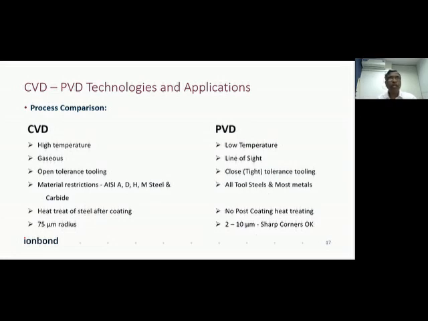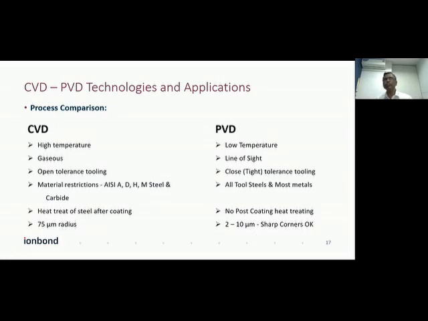CVD coating thicknesses are very high. So open tolerance tooling like inserts and roughing inserts are coated with the CVD process. Whereas for close tolerances, where 1 or 2 micron precision is required, those are well suited only to PVD, not CVD. There are also material restrictions due to the temperatures, and heat treatment is required in the case of CVD, whereas no treatment is required in the case of PVD.